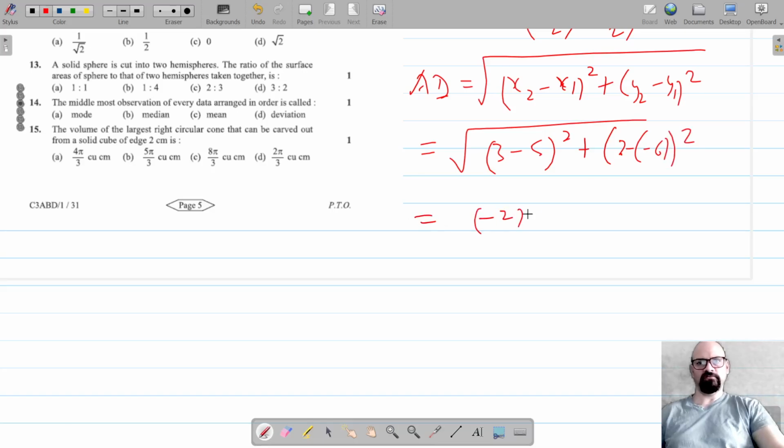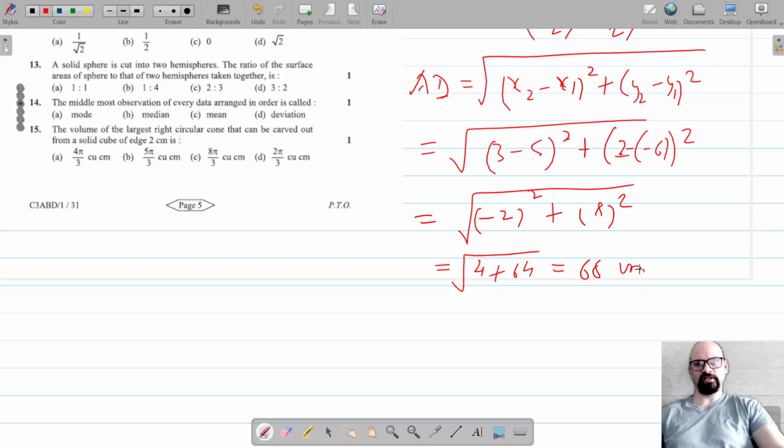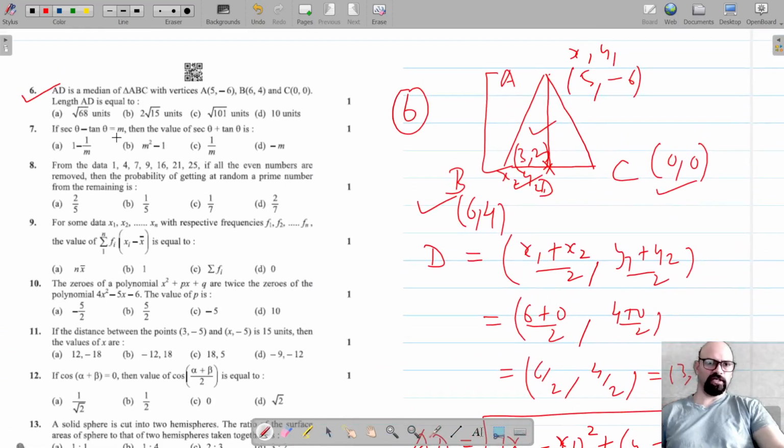This is negative 2 the whole square plus 8 square, under root, which is 4 plus 64. This is equal to root 68 units. So root 68 units is the correct answer, which is the first option.